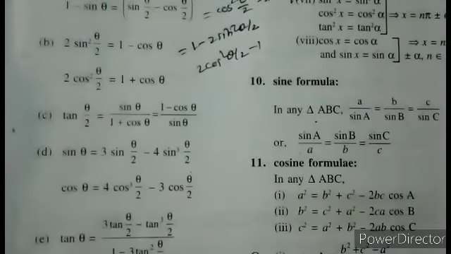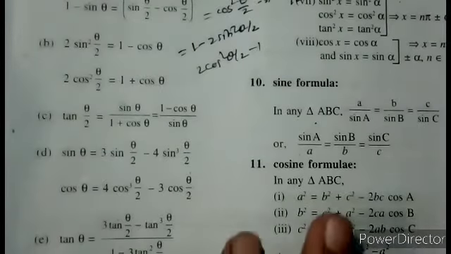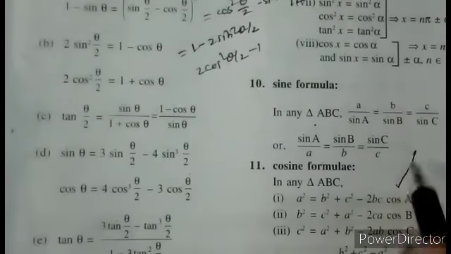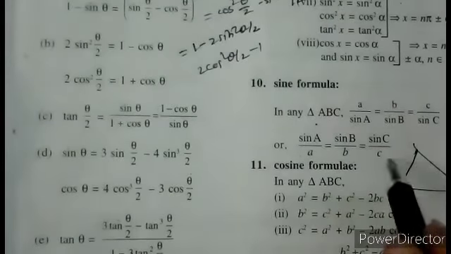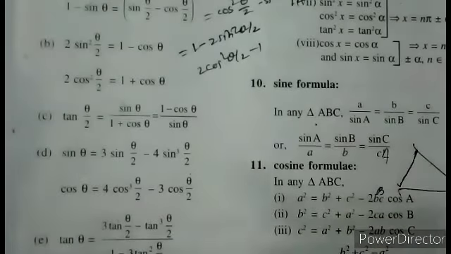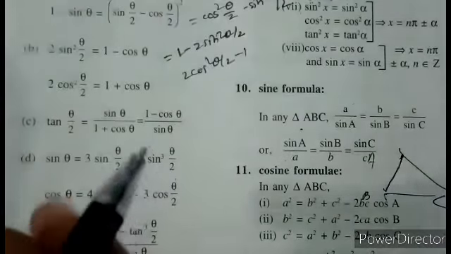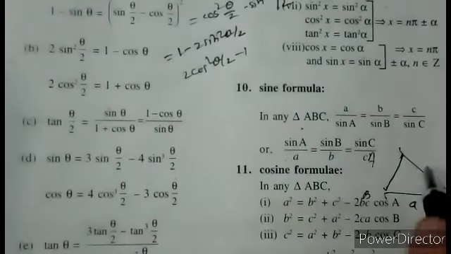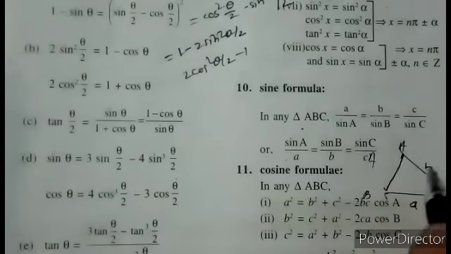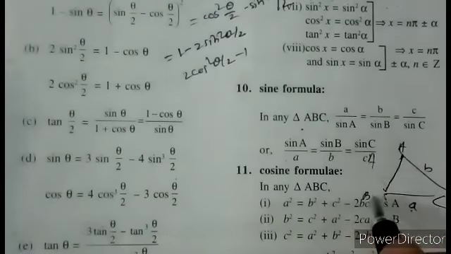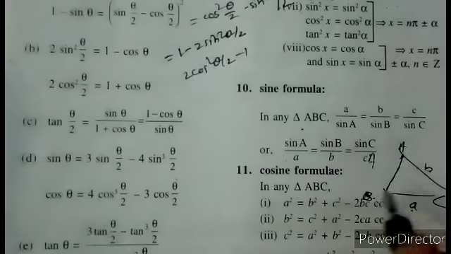Okay, then come to the sine formula. In any triangle ABC, if we consider this triangle ABC, this is big A with opposite side small a, this is big B with small b, this is small c.